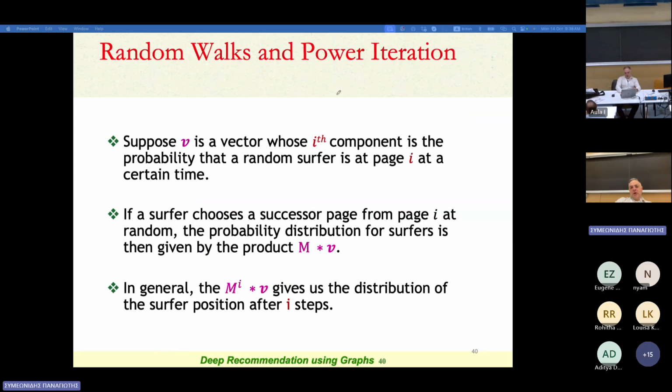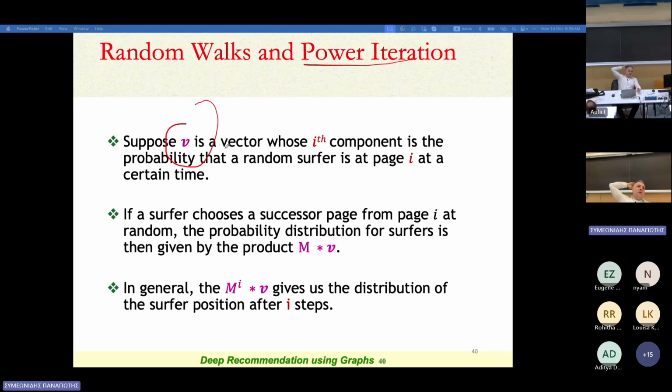So here is a description of the power iteration procedure. We need the initial vector of the graph that expresses the importance of the nodes of the graph. Here is V. The value should be, let's say, equal to 1 as an initial vector, or it could be 1 divided by the number of nodes of the graph.